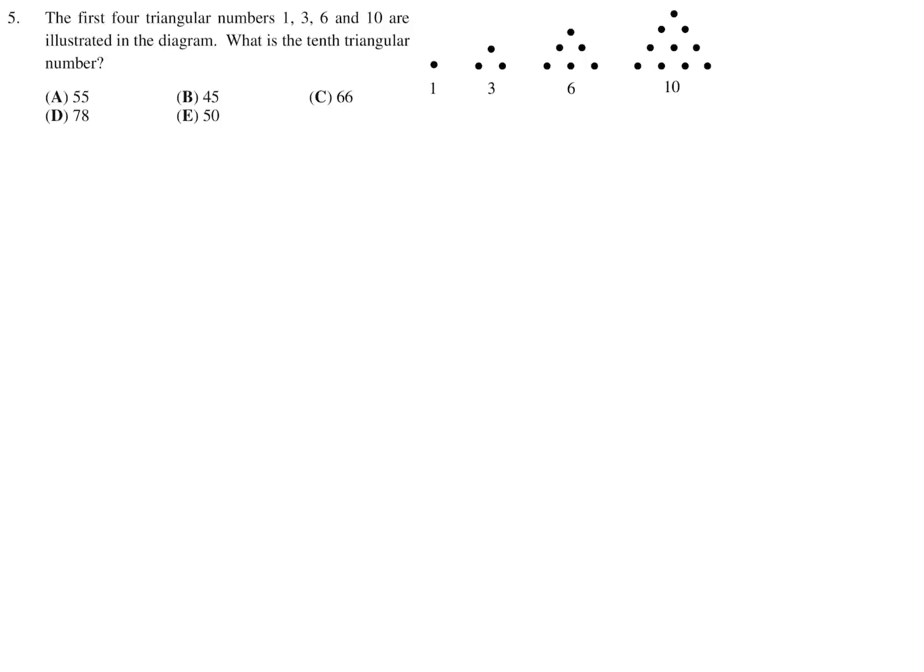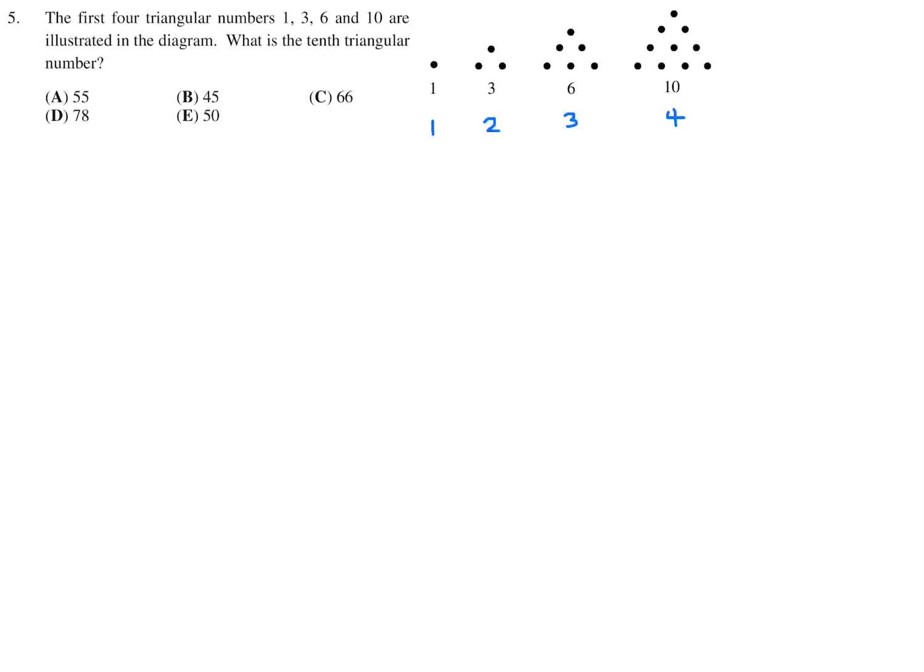The first 4 triangular numbers, 1, 3, 6, and 10, are illustrated in the diagram. What is the 10th triangular number? All right. So this is the first one, this is the second one, this is the third one, and this is the fourth one. And the first one is just 1.